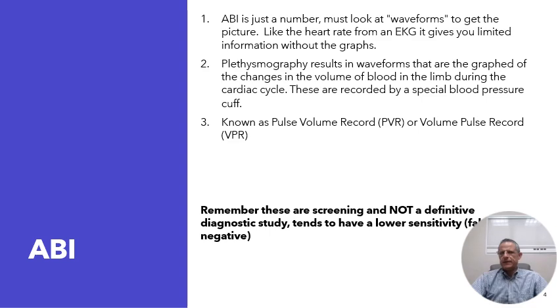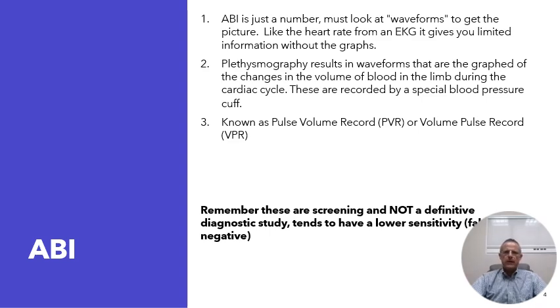The ABI is a screening tool, as I've said before. It can be falsely negative. The Smart ABI machine graphs out the change in volume of blood in the limb. This is because air is displaced when the cuff is applied, and the computer uses analysis and math to then graph a waveform.